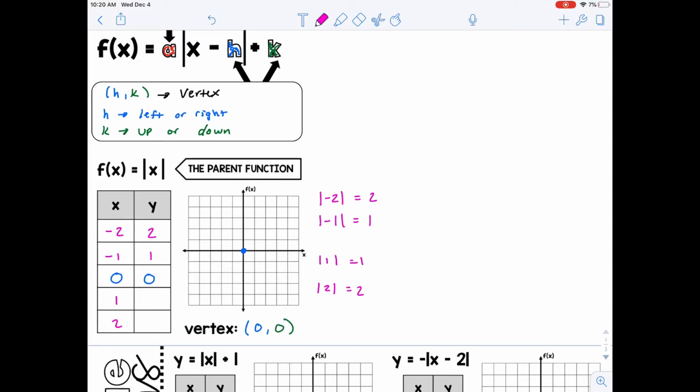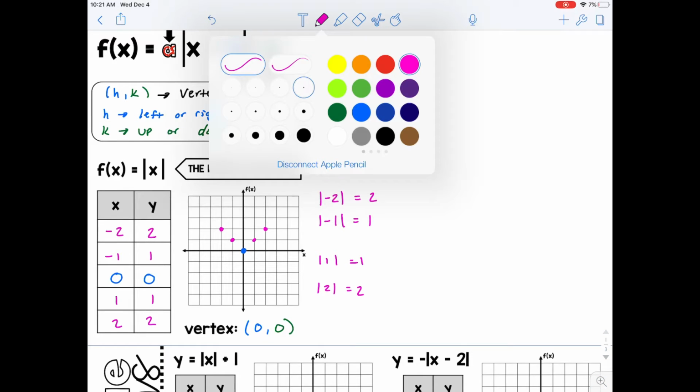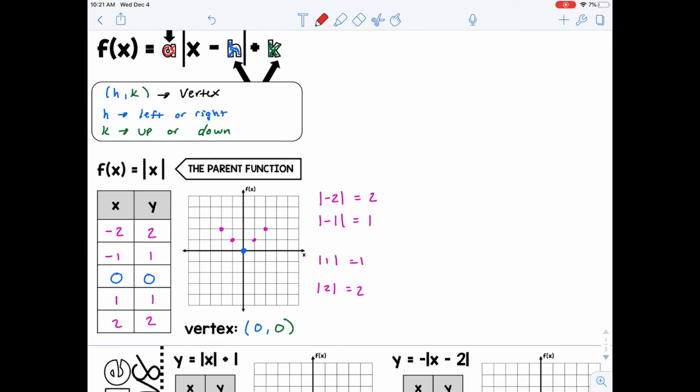So I'm going to plot those points real quick: -2, 2; -1, 1; positive 1, 1; positive 2, 2. And then I'm going to draw this. So this is the parent function of an absolute value.